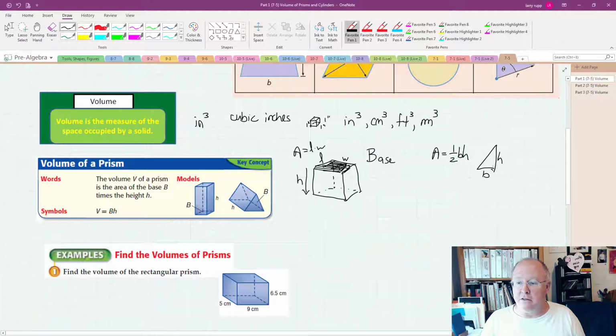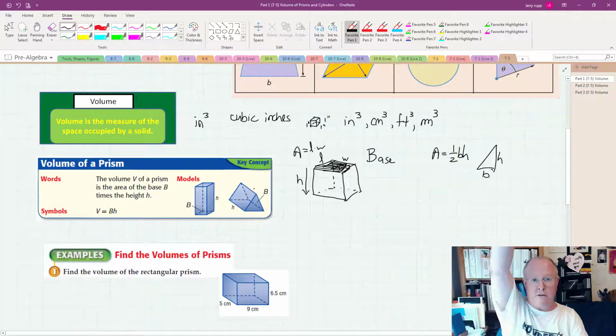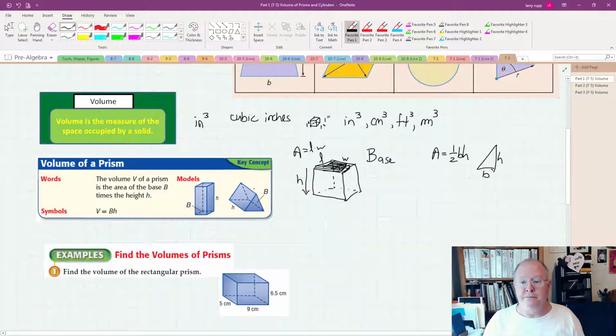It's the little triangle. But now, when you talk about the triangle of a triangular prism, then that turns into the capital B base, and you extend that up, or out into 3 dimensions. So basically, you're taking the triangle and pulling it up into the 3rd dimension. That's what the height is, the h.